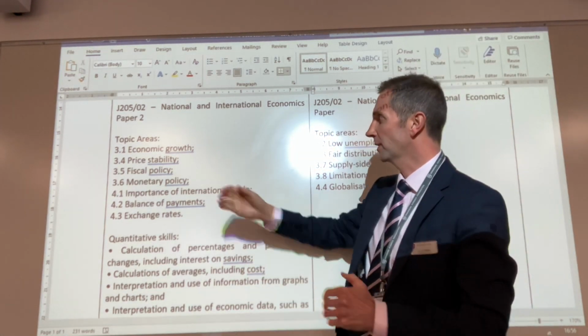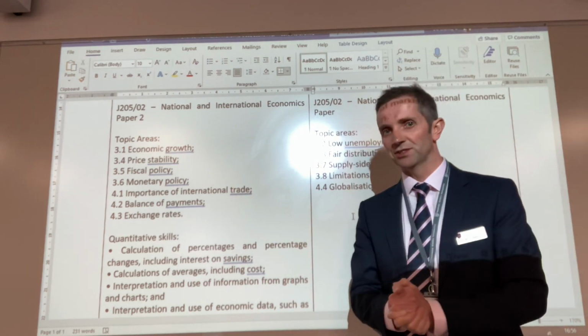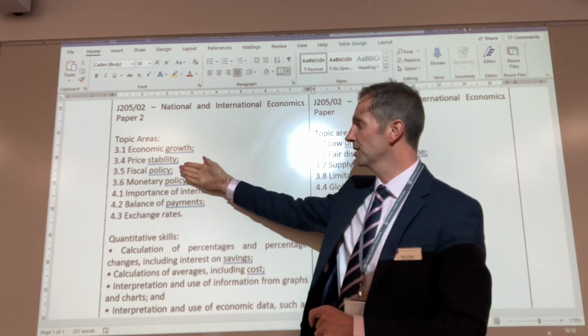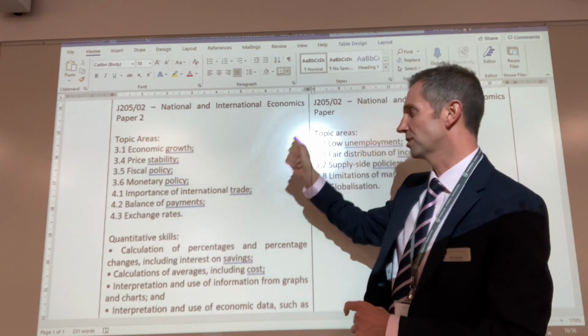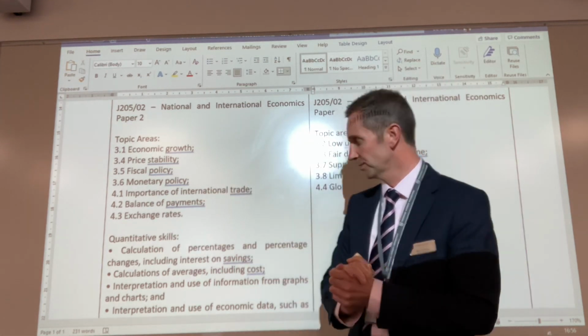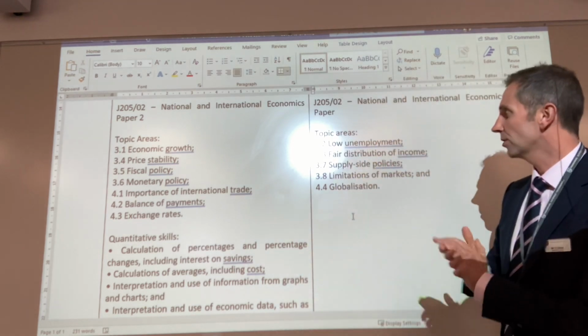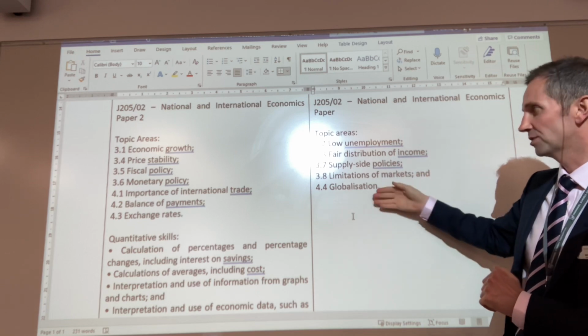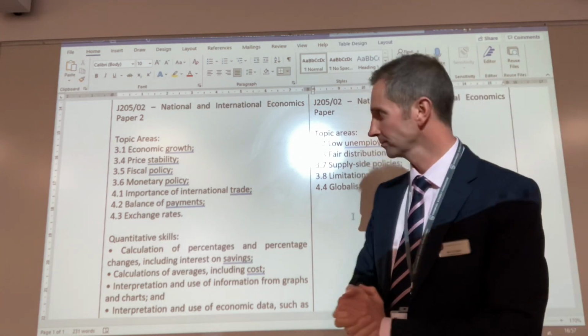These are the topic areas which are definitely going to be assessed, according to the exam board: economic growth, price stability, fiscal policy, monetary policy, international trade, balance of payments and exchange rates. And the areas not: unemployment, distribution of income, supply side policies, limitations of markets and globalization.